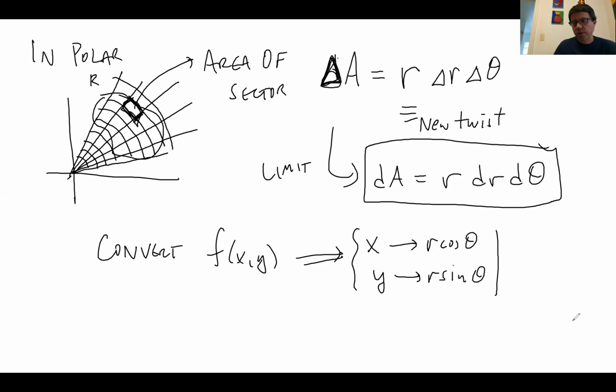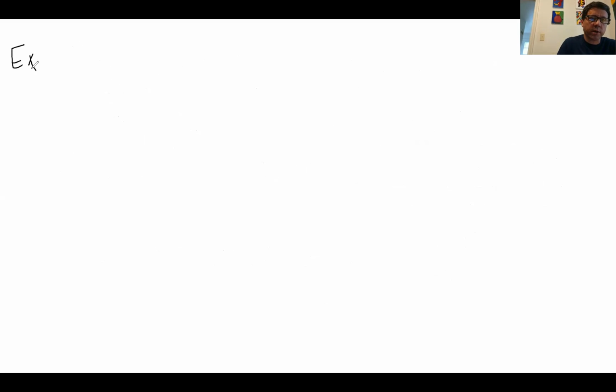So how does this work in practice? For example here, this is actually 13.3.1, so you can see the picture in the book. It says find the volume, and again, these are all signed volumes, they could be negative.